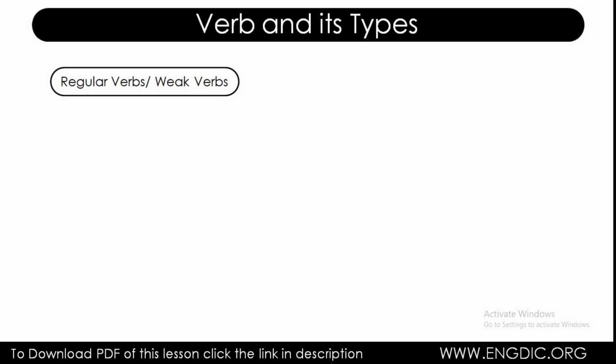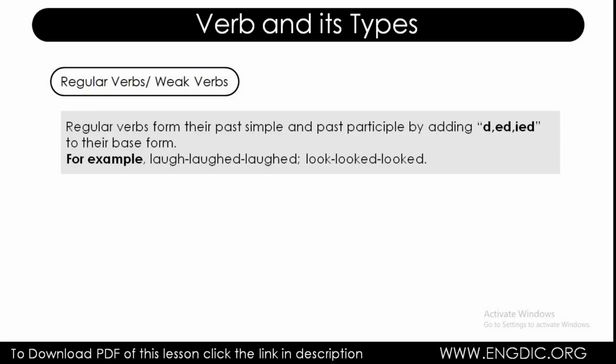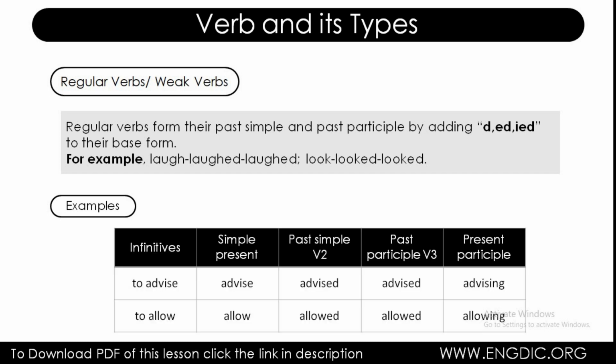Regular verbs, which are also known as weak verbs. Regular verbs form their past simple and past participle by adding d, ed, ied to their base form. For example, laugh, laughed, laughed, look, looked, looked. Look at the further examples of regular verbs.